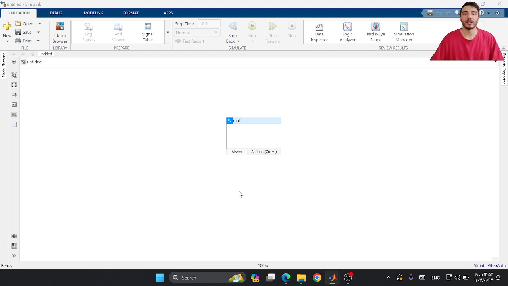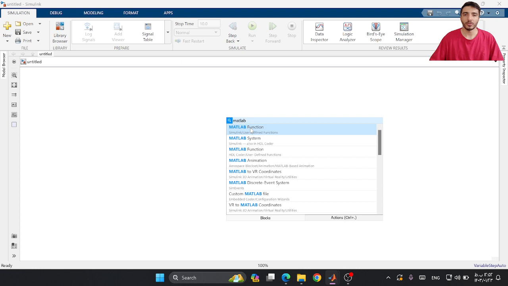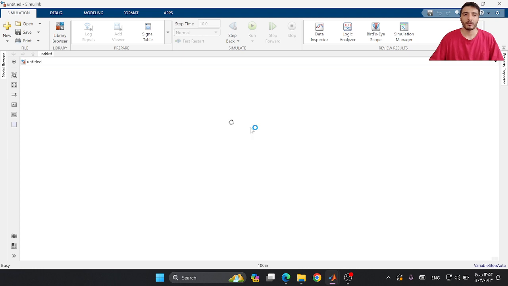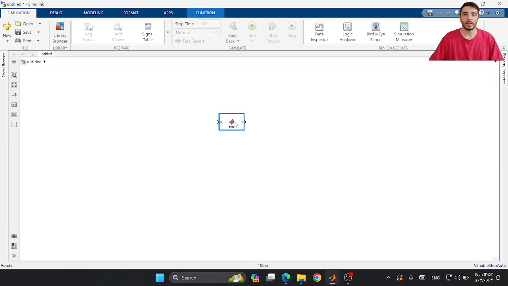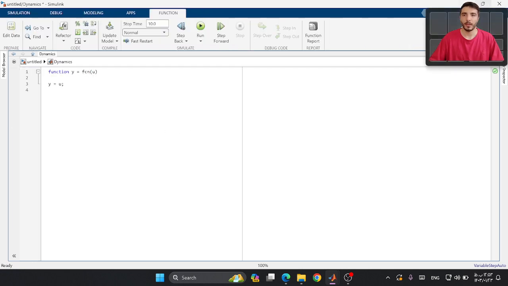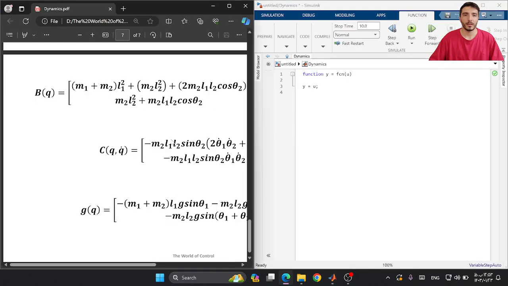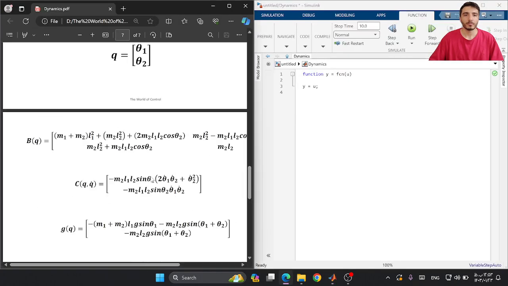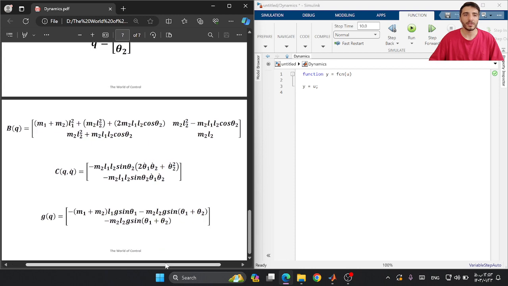First, I want to add a MATLAB function to code our dynamics. I will rename it as dynamics, and I'm going to go in it and let's code these equations here.